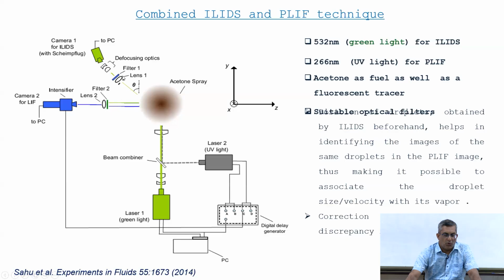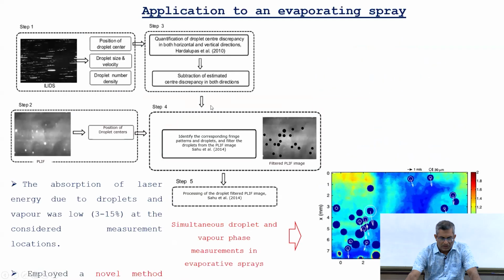Both cameras must look at the same location, and this is achieved by using a target plate or a calibration plate before starting the experiment. So, you have to map the viewing area observed by both cameras. You have to map them to the same object plane. Okay. And this shows the image processing.